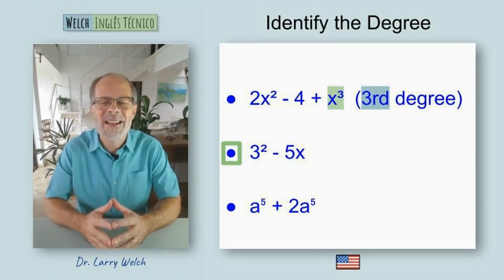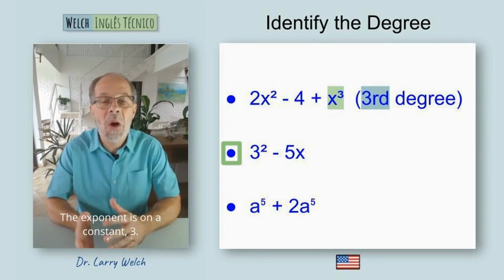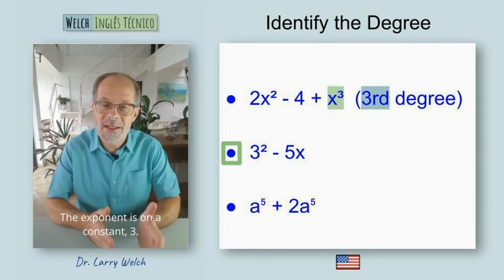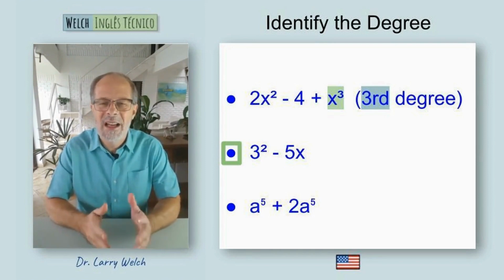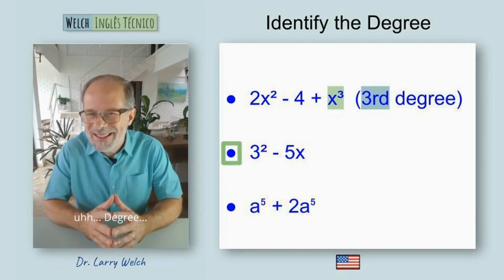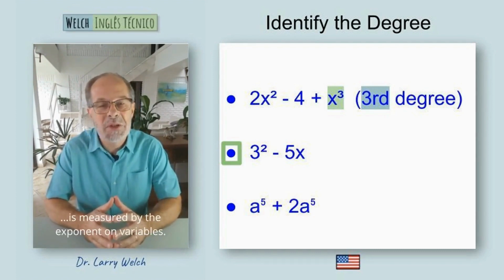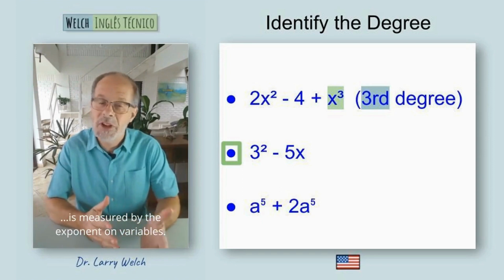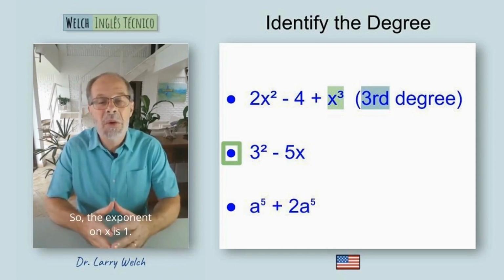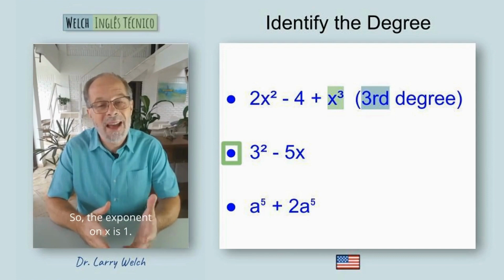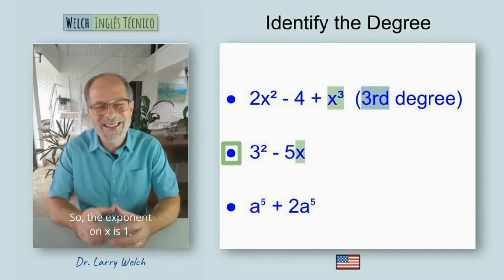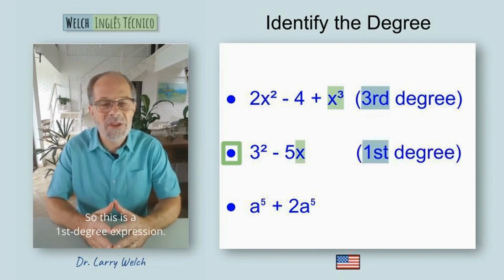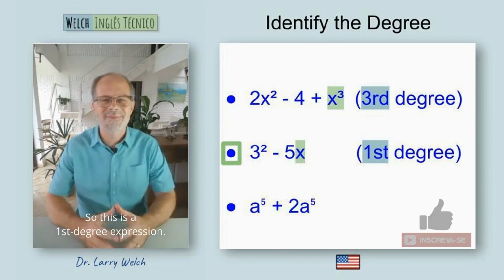No. The exponent is on a constant 3. Degree is measured by the exponent on variables. So the exponent on x is 1. So this is a first degree expression.